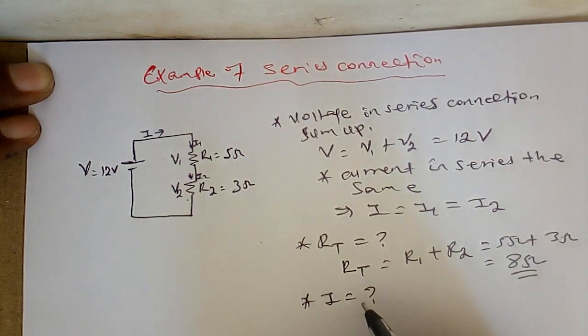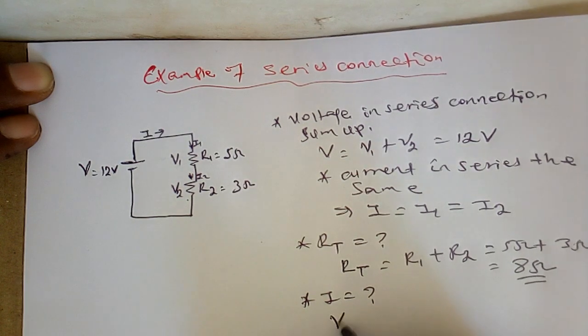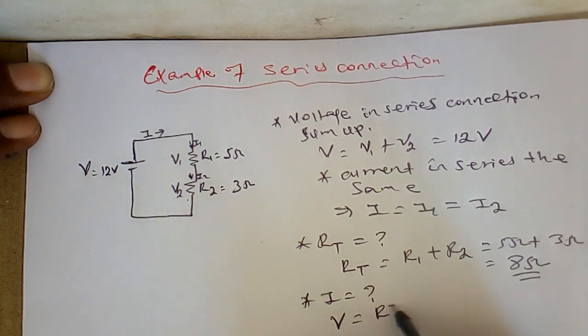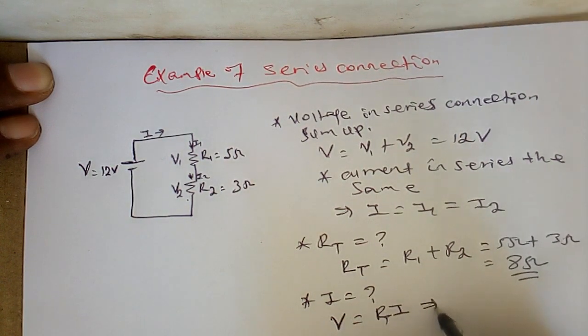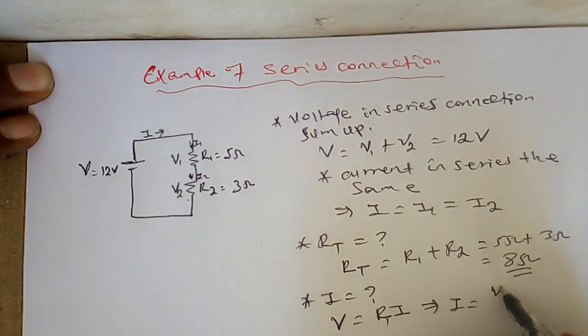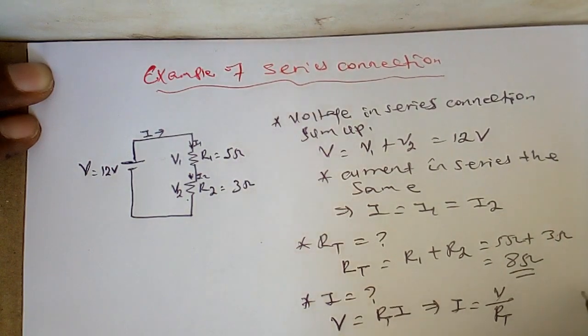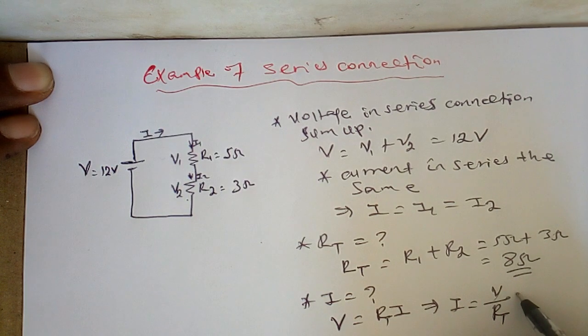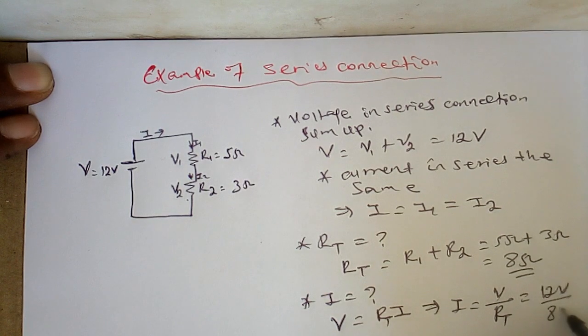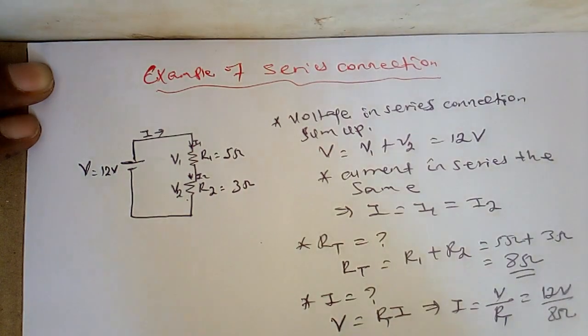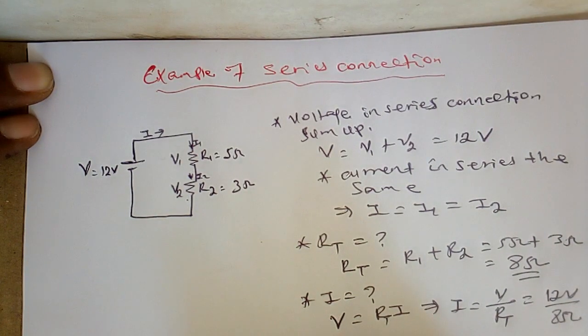Then what will be the current? The current is calculated from V total equal to R total times the current total. So I is equal to voltage over total resistance R. The given voltage 12 volts over the total 8 ohm.